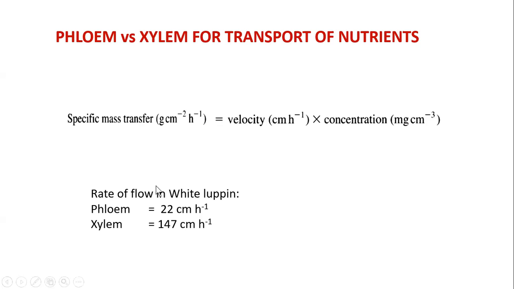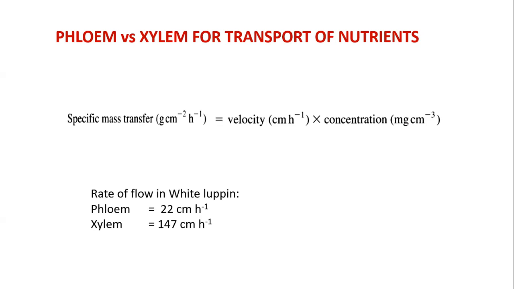The total mass transfer is equivalent to the velocity, the speed at which it is happening, times the concentration of that specific ion. If the velocity is higher, the mass transfer will be higher. If the concentration is higher, of course, the mass transfer will be higher.